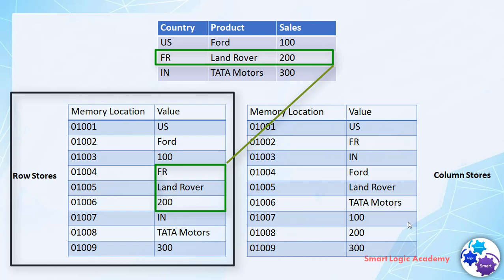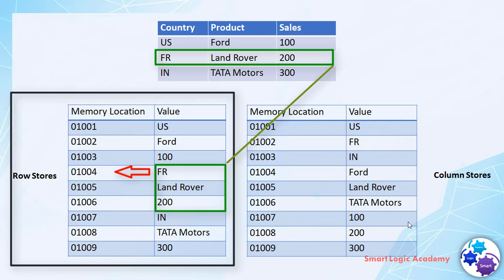For example, in our case, let's say we want to find sales information for country France. That means we want to fetch the entire record, the entire row where the country is France. In this case, the database management system will directly go to memory location 01004 and start fetching values from this location onward.